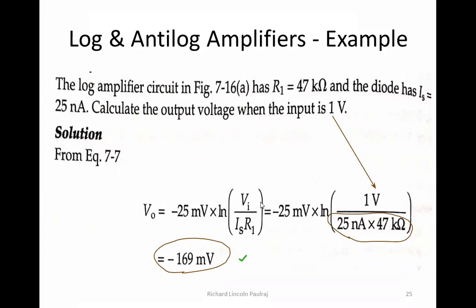Just that you need to have a negative KT by Q and then log. So pretty simple problems, right? Data can be changed and given differently for your exams or semester internal exams.